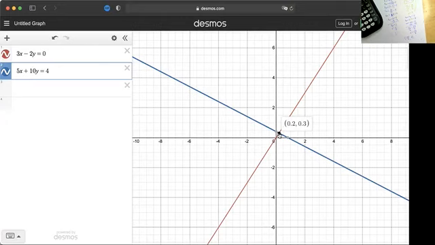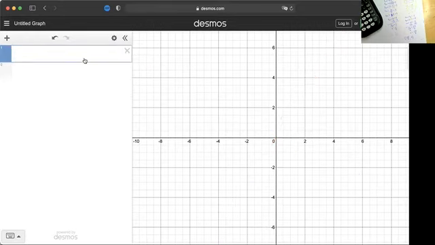So what we got was 1/5. If you put 1/5 into your calculator, you get 0.2. And then we got 3 over 10. If you put 3 over 10 into your calculator, you get 0.3. So Desmos will use decimals, and we used fractions. But that is the same point.